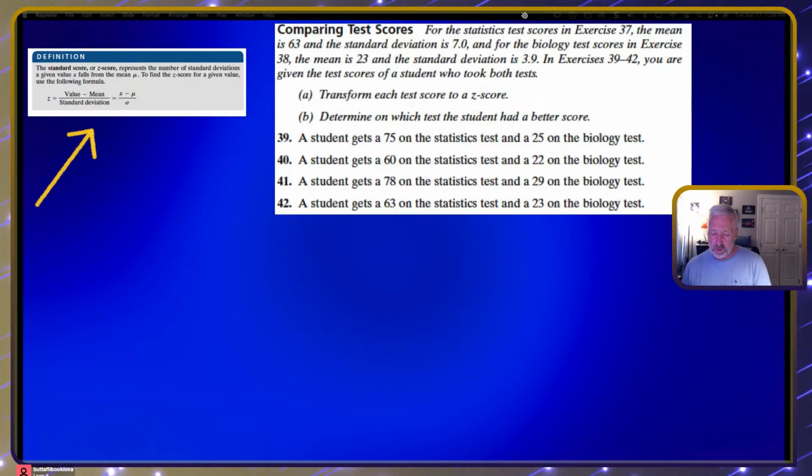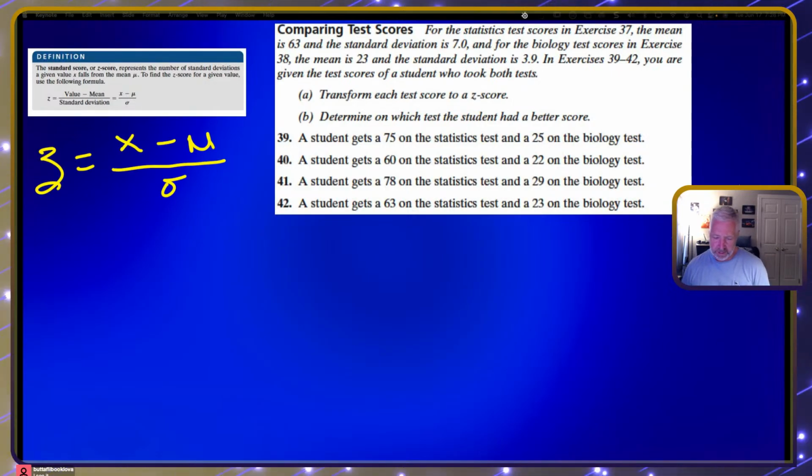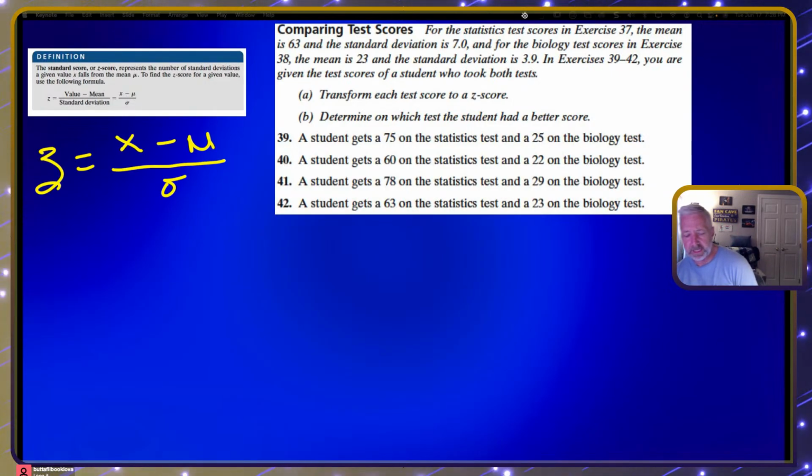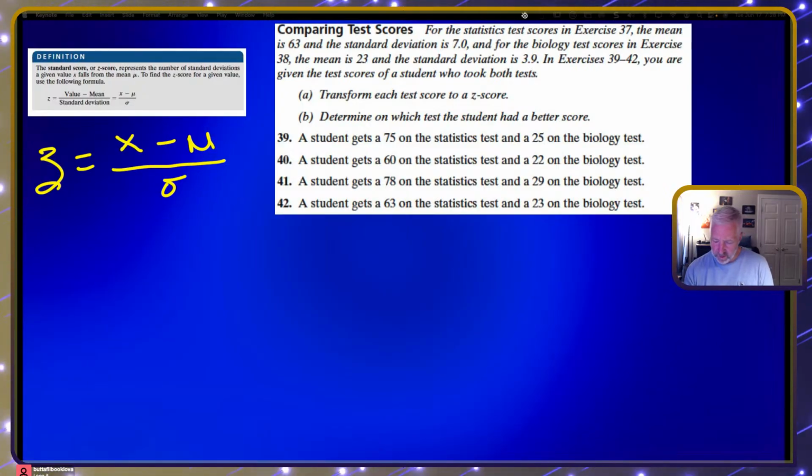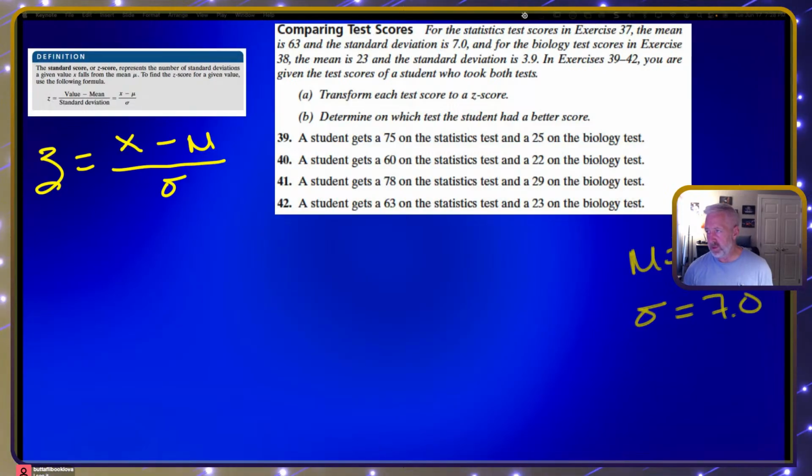So comparing test scores, let's take a look at a couple of these. For the statistics test scores in exercise 37, the mean is 63 and the standard deviation is 7.